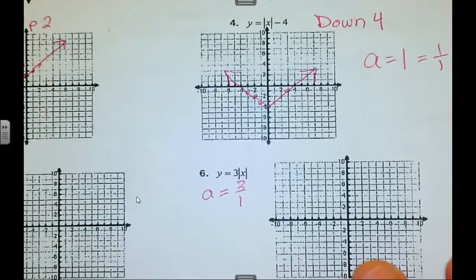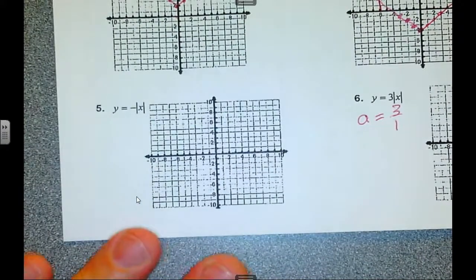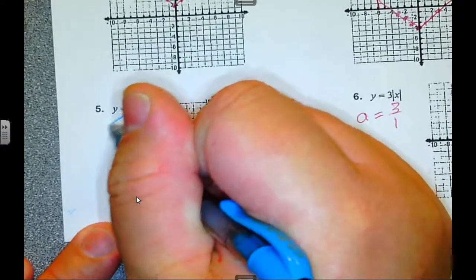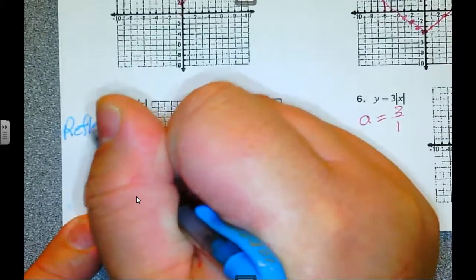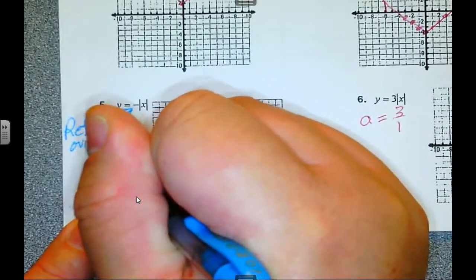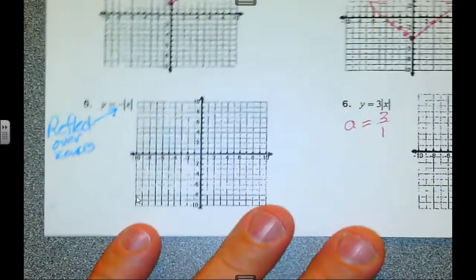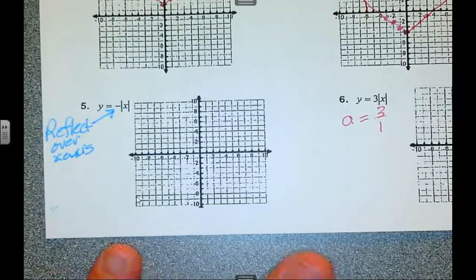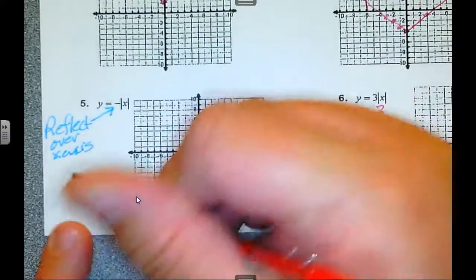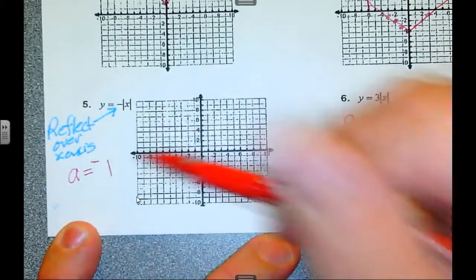Number 5. Now, the sign is going to tell me what? Now I have a minus sign, so I'm going to have to reflect over the x-axis. I have no other transformations. In other words, my A is 1, but I've got a minus sign there that's telling me to reflect.